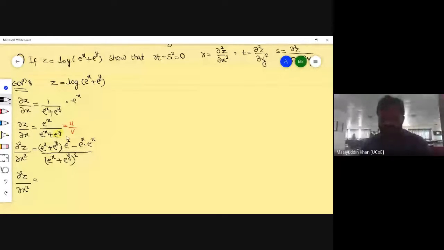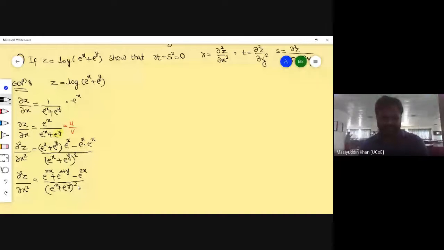So e raised to x into e raised to x becomes e raised to 2x, plus e raised to x plus y. We can write, if you want, e raised to x plus y minus e raised to 2x, divided by v square. So it becomes e raised to x plus e raised to y raised to power 2.